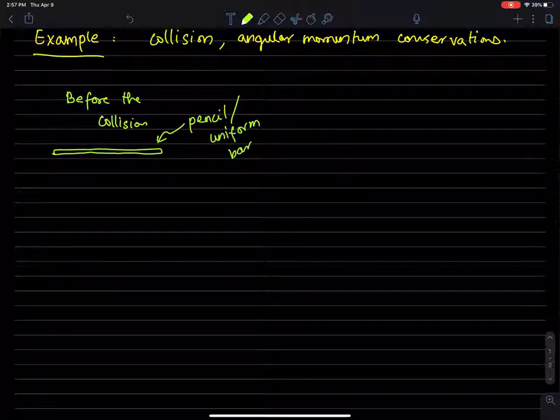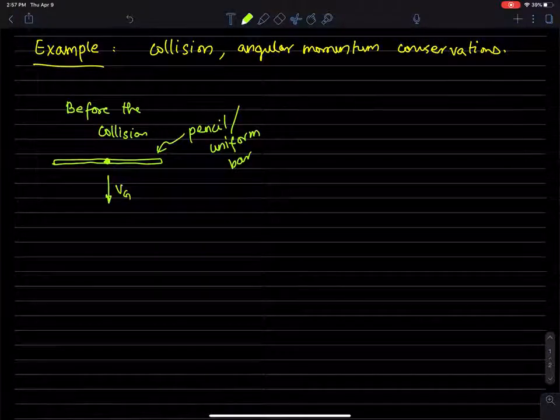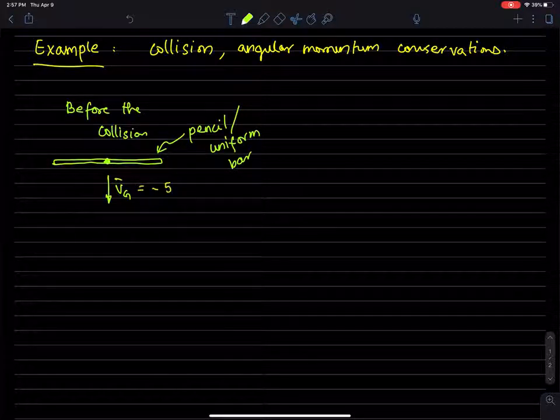It's falling downward, okay? With speed Vg equals, let's say, minus 5j in meters per second, okay? Moving fast.